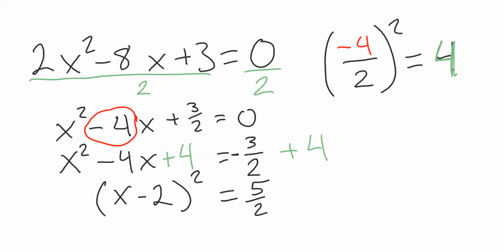So now we've got x minus 2 squared equals 5/2, and we can now use our square root property. So what we just did was completing the square. We are now going to use our square root property to finish this off and solve for x. So this is going to look like x minus 2 equals plus or minus the square root of 5 over 2.